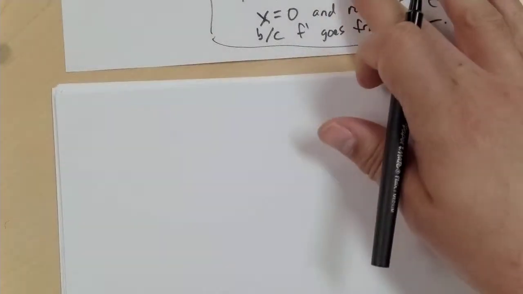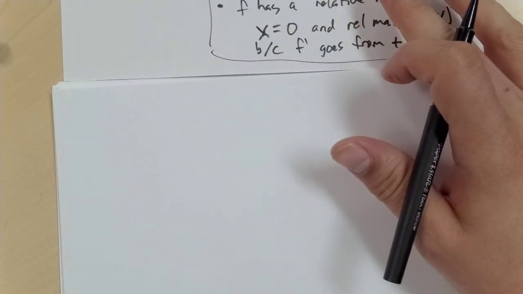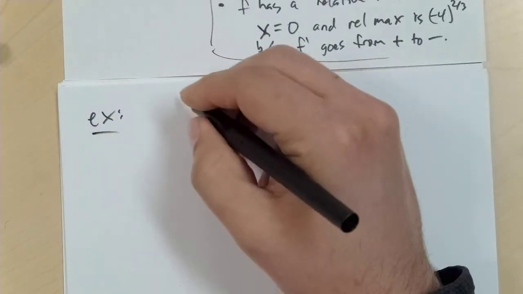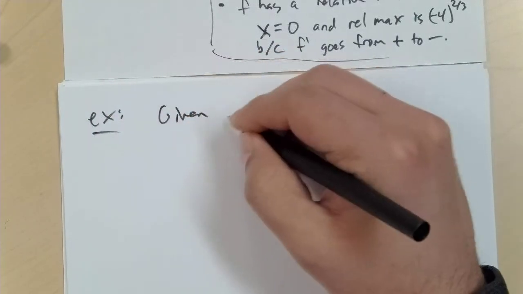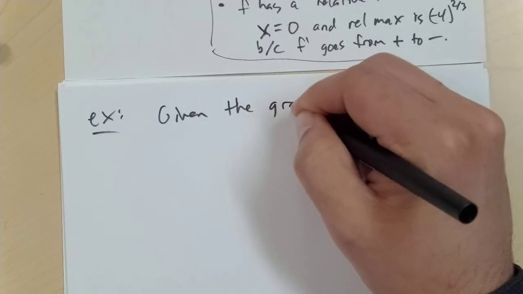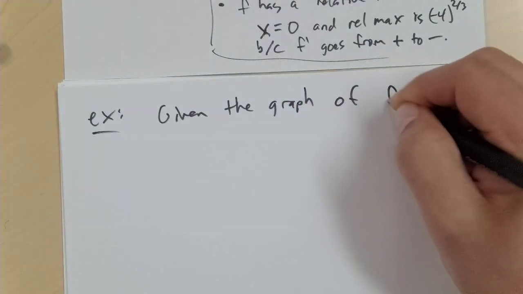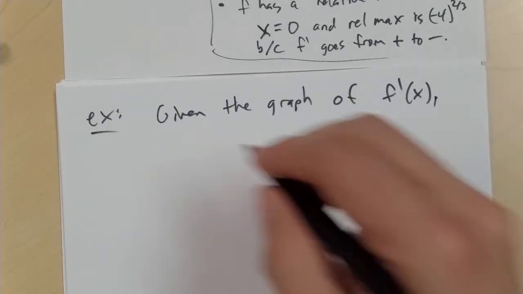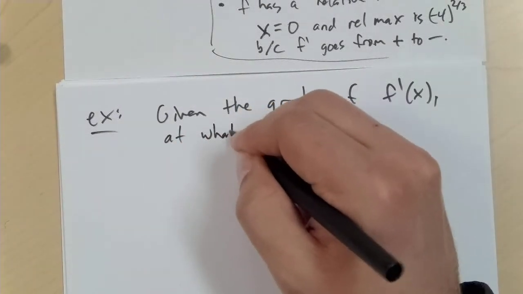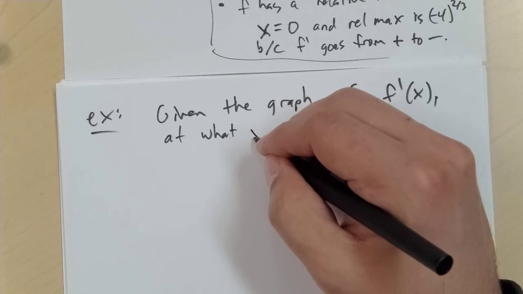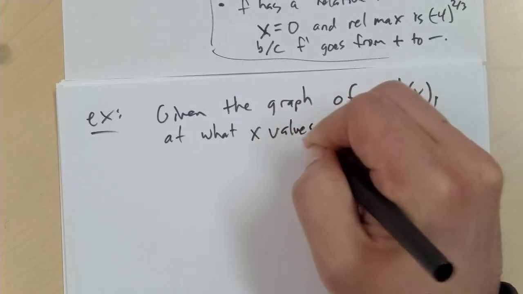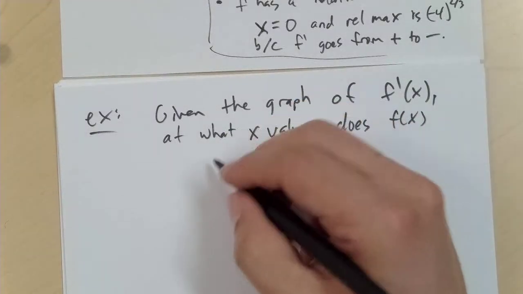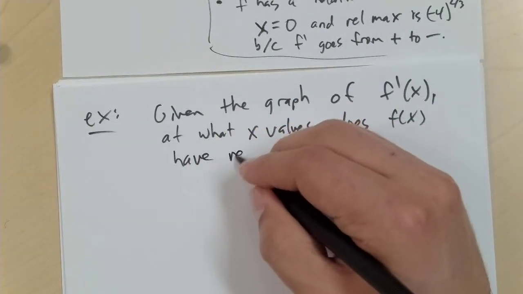All right, we'll do one more. This will be a quicker one, and this will be it for the notes. Okay, so let's say we're given the graph of the derivative. At what x values does f of x have relative extrema?